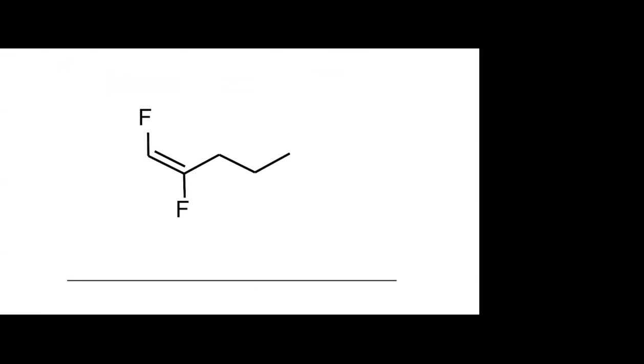When we look at this first molecule, and again, I'm going through the naming a little bit faster, just because we've been practicing naming. The longest carbon chain here is going to be this one, which is 1, 2, 3, 4, 5. So in terms of the name, this is pentene, this is 1-pentene, this is 1,2-difluoro-1-pentene.